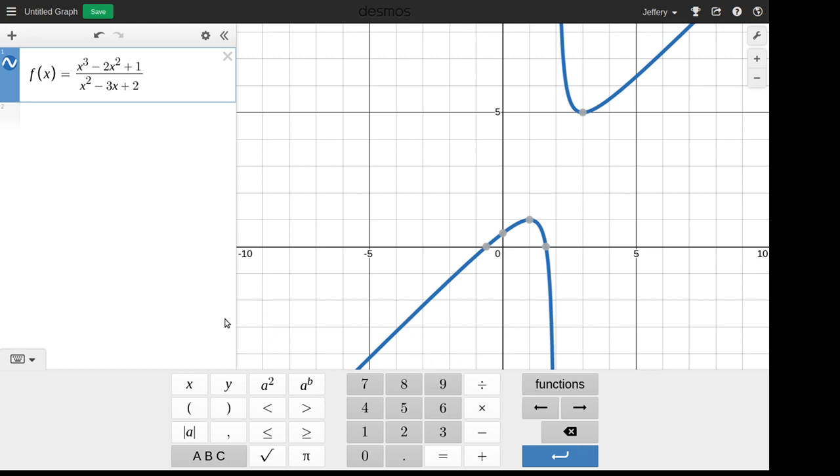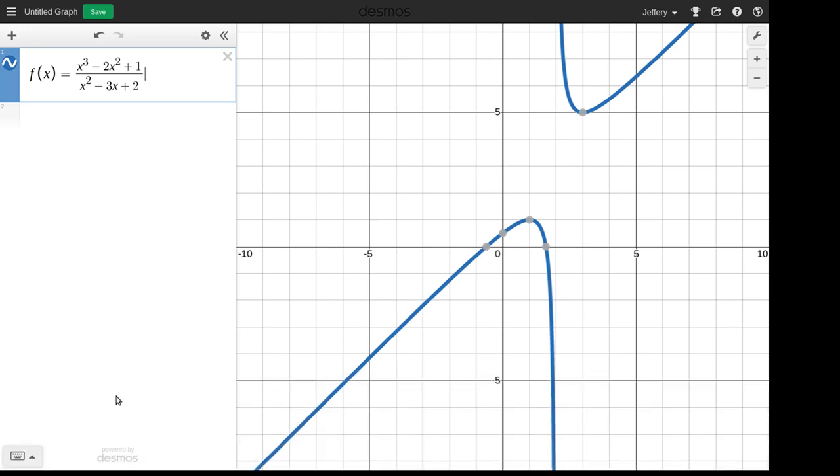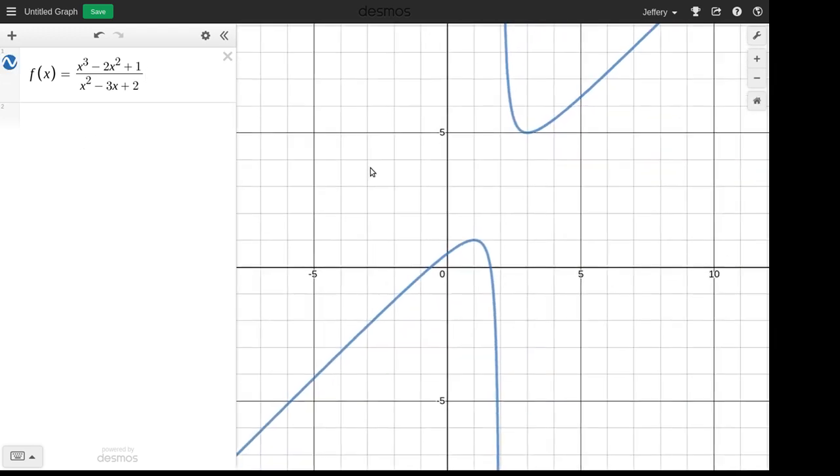Alright, so this is a polynomial function. And what happens with a polynomial function is I have a polynomial divided by another polynomial. But notice what's happening to it.